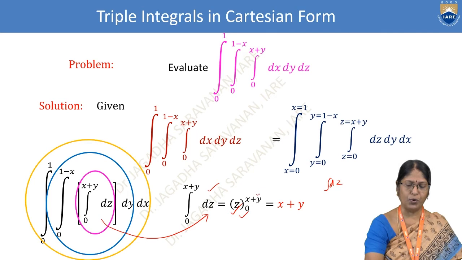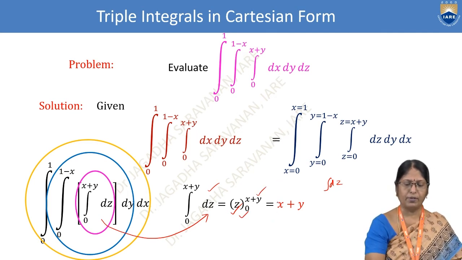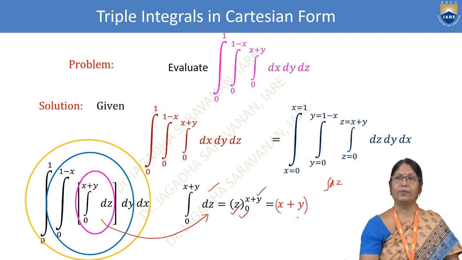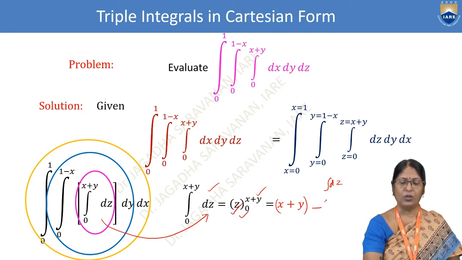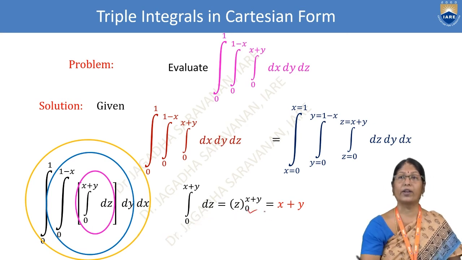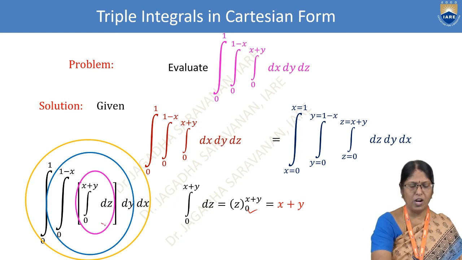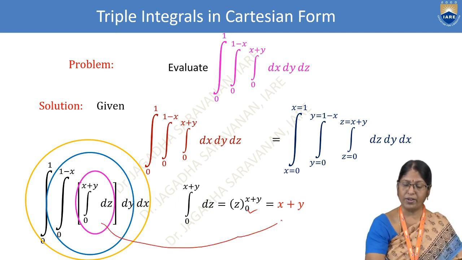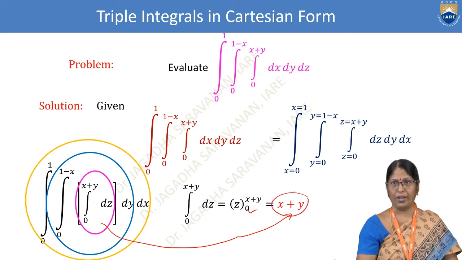In the place of z we put the upper limit x plus y, minus the lower limit, which is 0. The lower limit is 0, though it is not mentioned. So now the innermost we integrated and we got the result x plus y.